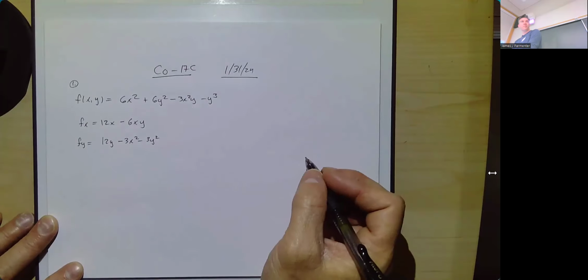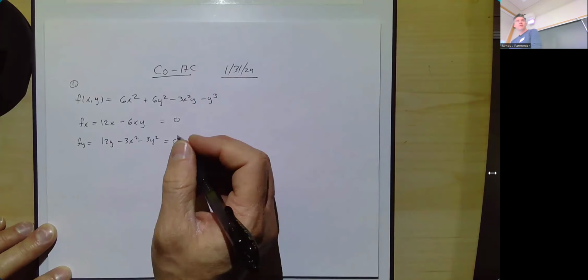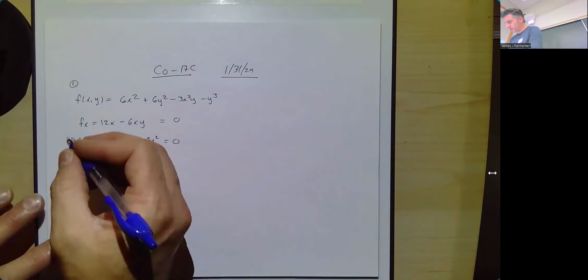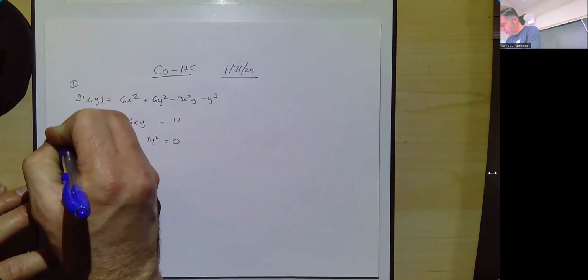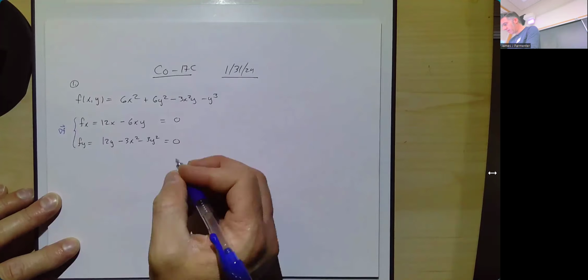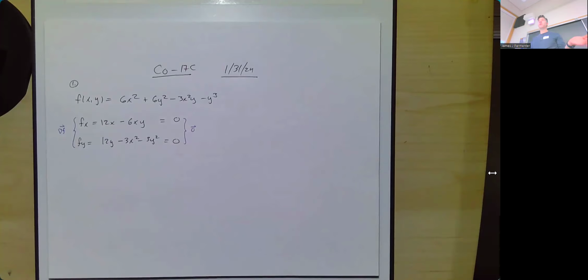Set these each equal to 0. Again, I will point out, I think it's worth seeing, this here really is the gradient of f as a vector. This here is the 0 vector, which is just 0, 0. You don't need to know that, but it's kind of cool to say it.